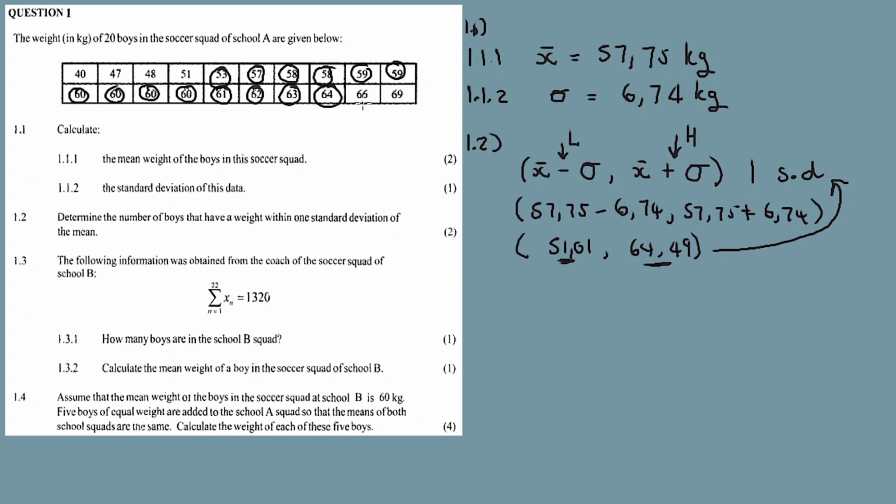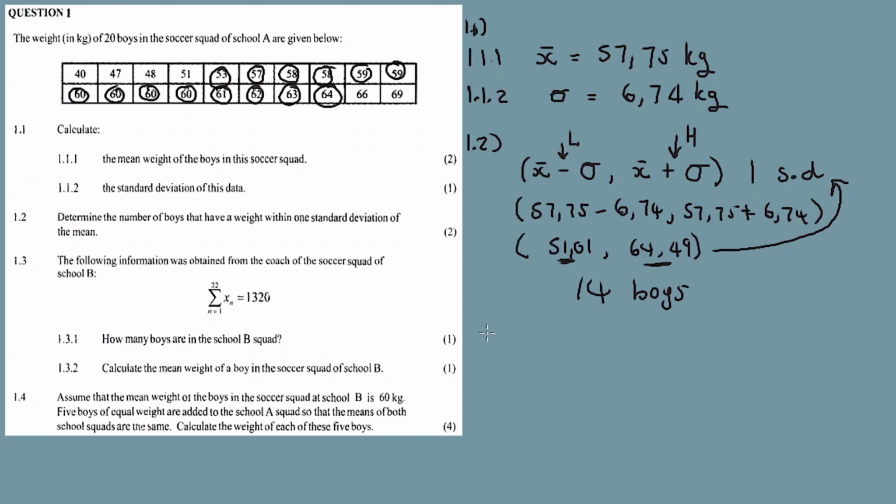Yes. 66 is above the upper limit, as well as 69. So we count 1 2 3 4 5 6. So 20 minus 6 is 14. So there are 14 boys within one standard deviation. Our answer should be 14 boys.